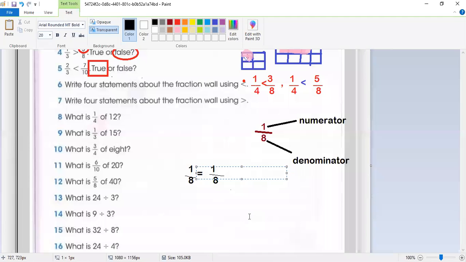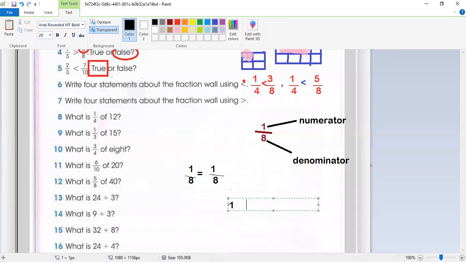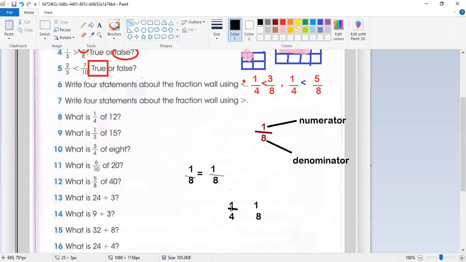Now I will write one more number. For example, I will write 1 and 1, and then here 4 and here 9, for example, or 8. Now, if someone asks you which number is big, what do you think? In this case, 1/4 is big.